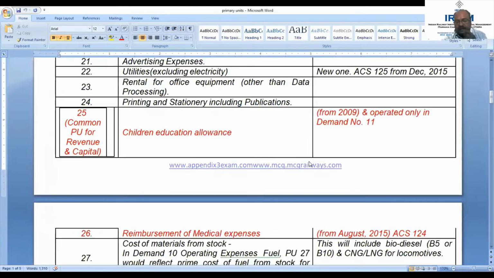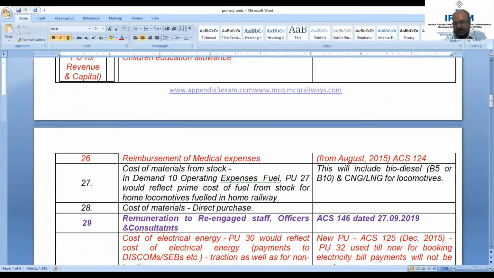26 is the reimbursement of medical expenses. 27, 28, 32, these three PUs are very, very important non-staff PUs. These three are a major part of the total expenditure. 27 is the cost of materials drawn from the stock or stores depots. This is the major PU. And 28 is the cost of materials procured from outside, that is direct purchases.